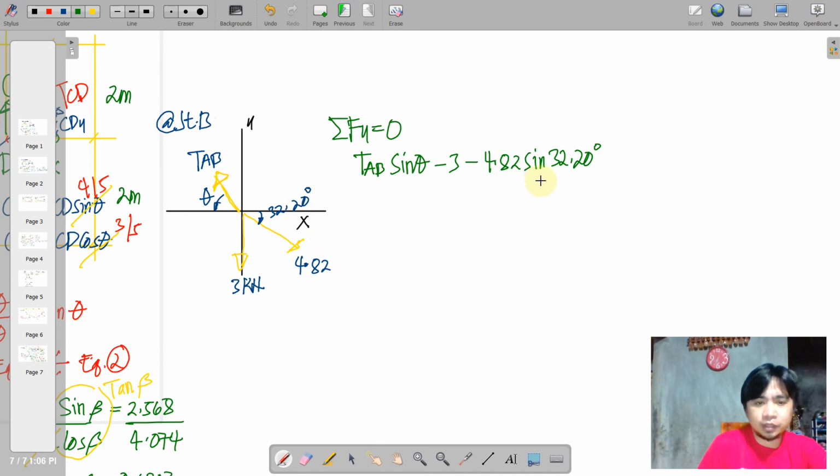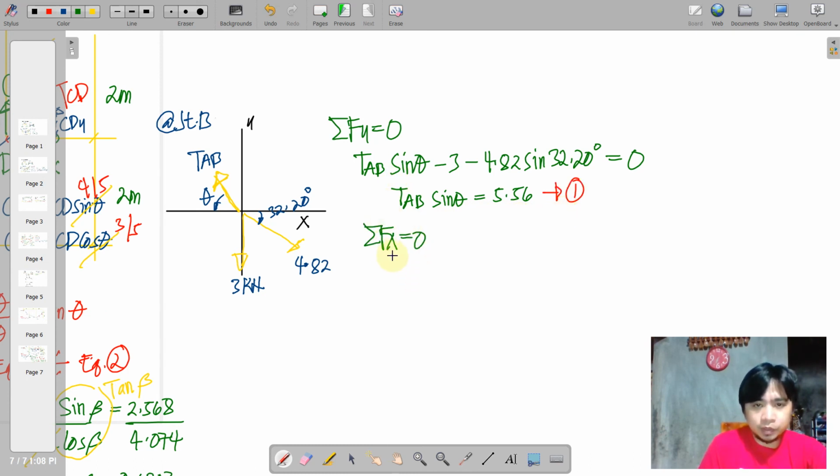Again, that is a cosine function or a sine function. So next, this is actually equated to 0. So we simplify the equation. We will be having TAB sine theta is equal to 5.56. So again, let this be our first equation.